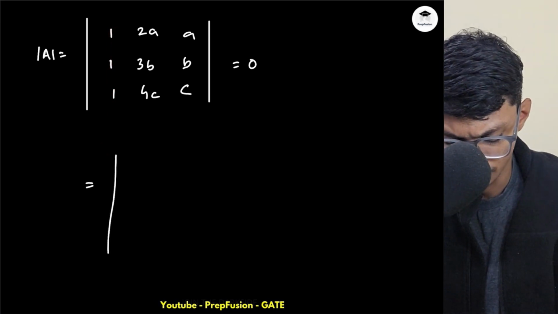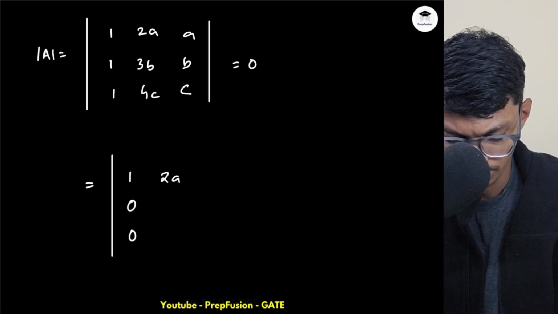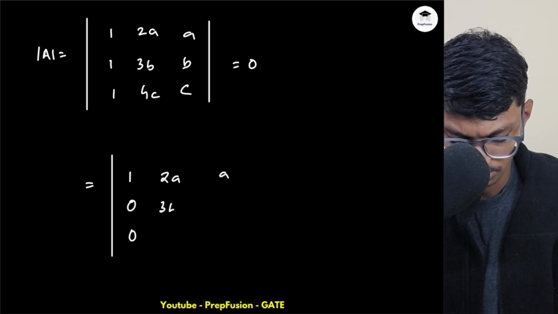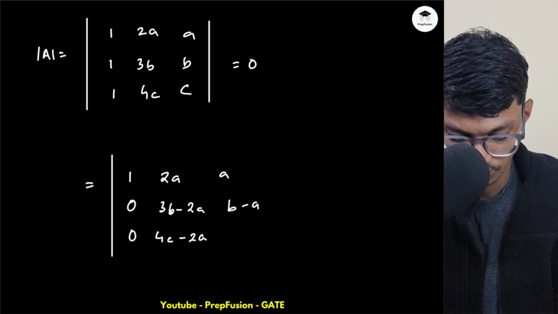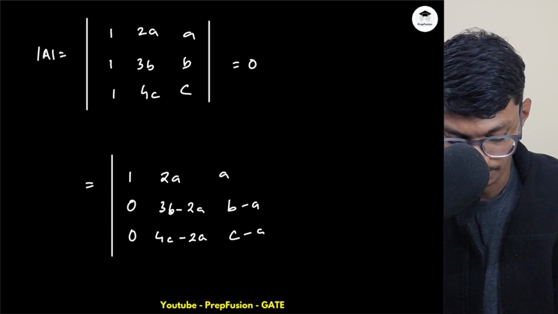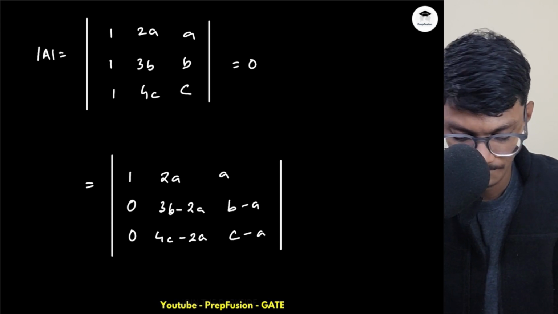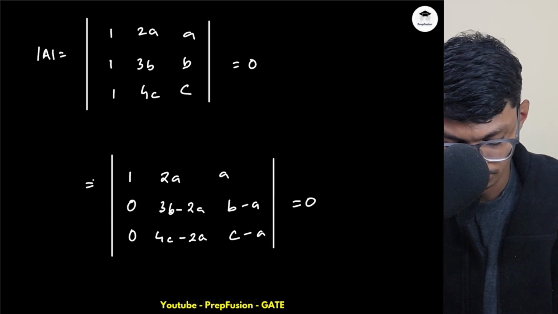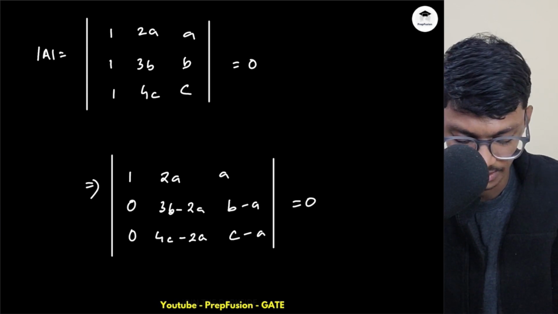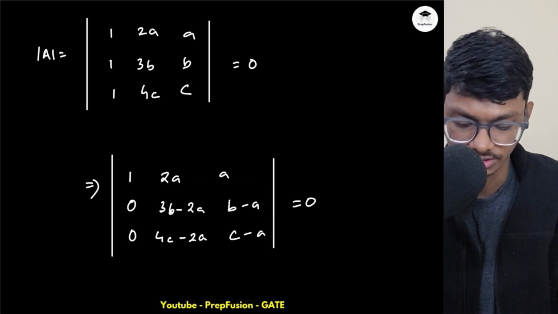So if we make this column 0, this will be 1, 0, 0, 2A, 3B minus 2A, B minus A, 4C minus 2A, C minus A. This is equal to 0, right? So now simply solving this, only this minor will be left, because all other things are 0.